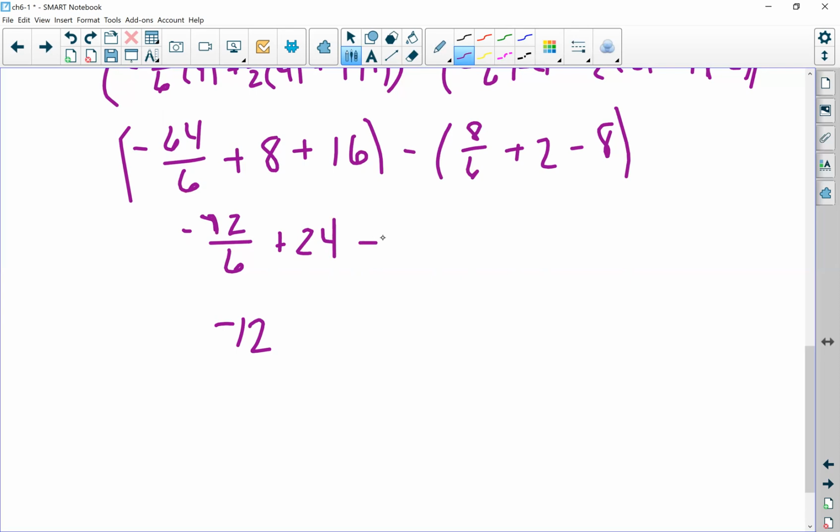Minus negative 6. Doesn't always work out with fractions that way, but in this case, not worrying about fractions until the end actually ends up giving you a pretty easy answer.